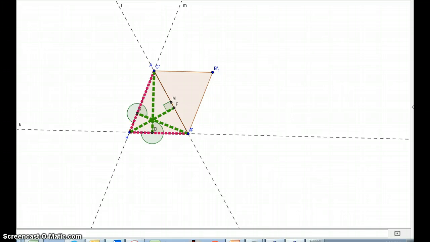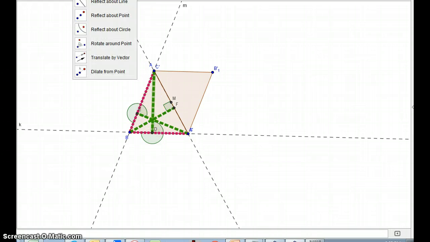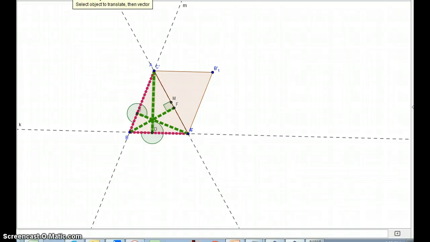The translated vector. Let's just take this height, we're going to select an object to translate, then select a vector.